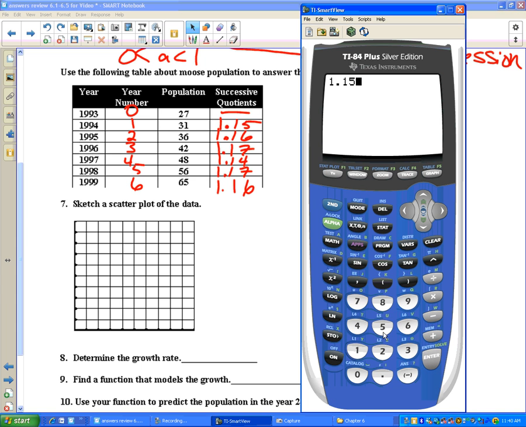1.15 plus 1.16 plus 1.17 plus 1.14 plus 1.17 plus 1.16. I'm going to divide that by 6, and I get 1.16.